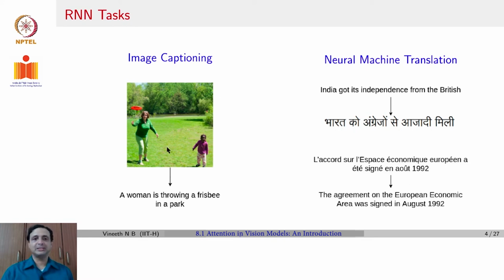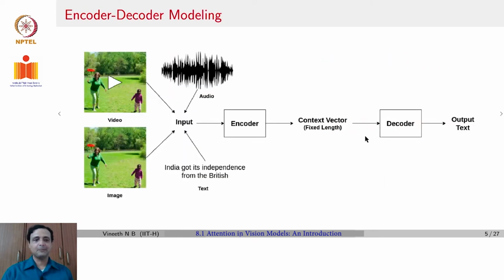It's also what you see on your translate apps that you may be using, where you have a sentence given in a particular language and then you have to give the equivalent sentence in a different language. Both of these are RNN tasks.